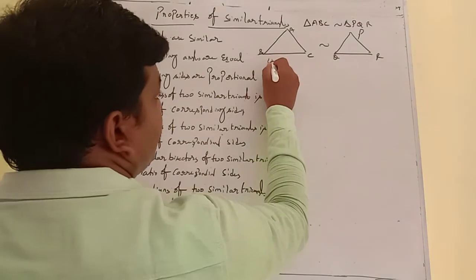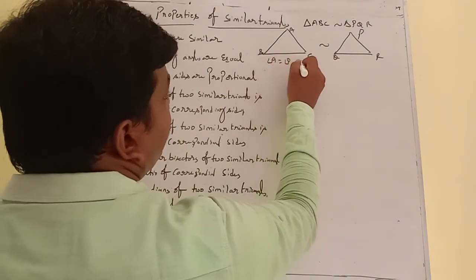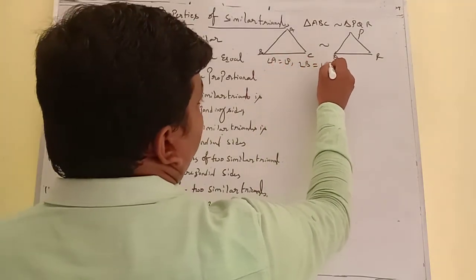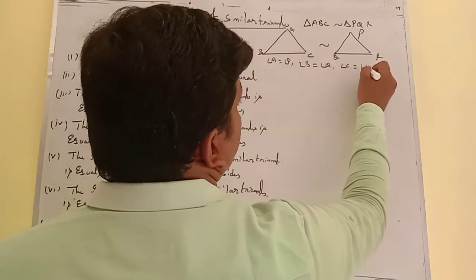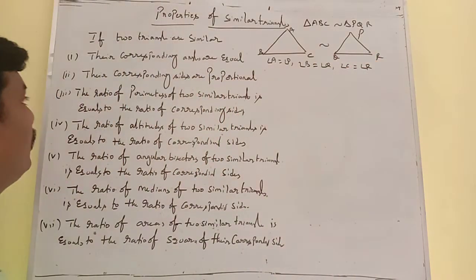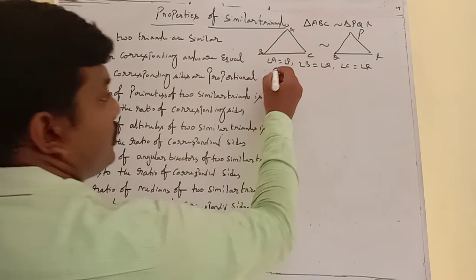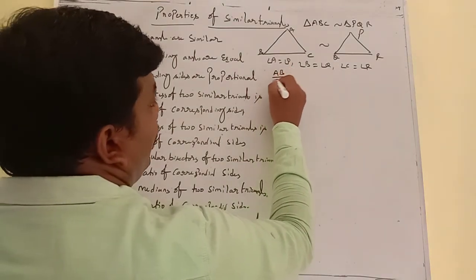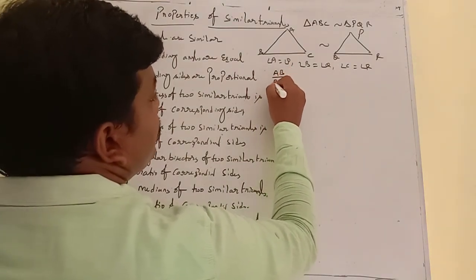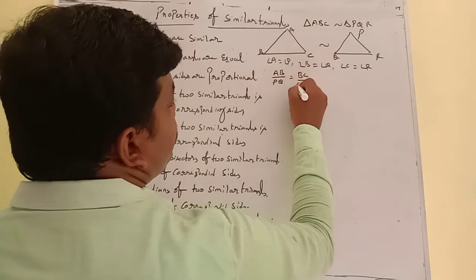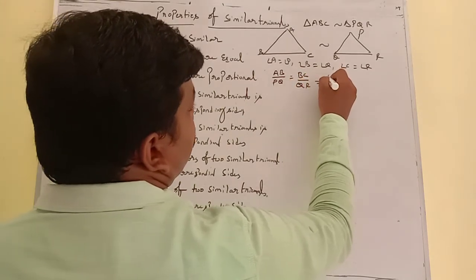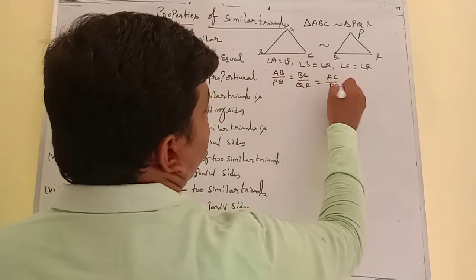Corresponding angles are equal. That is angle A is equal to angle P, angle B is equal to angle Q, and angle C is equal to angle R. This is the first point. Now corresponding sides are proportional. That is AB by PQ is equal to BC by QR is equal to AC by PR.